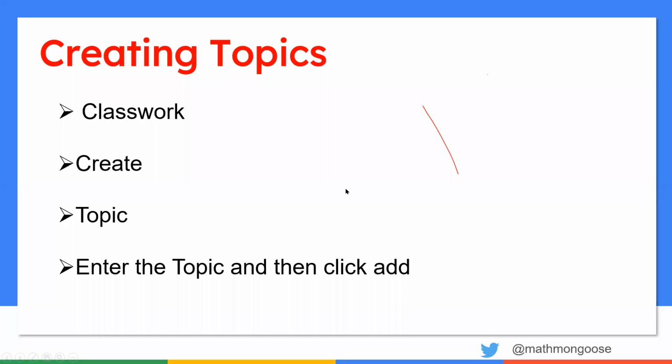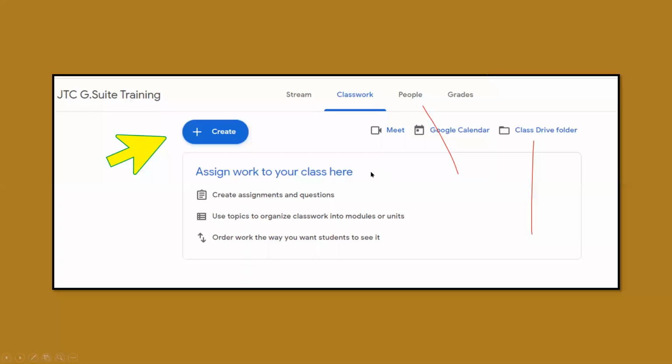So you're going to go to the classwork tab. You're going to click create, then click topic and enter the topic. Let me just stop the annotating here. All right, and then you're going to decide how you're going to do it. So here's classwork.